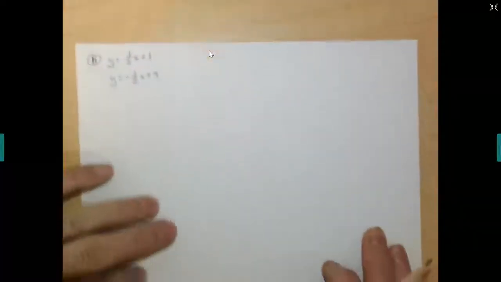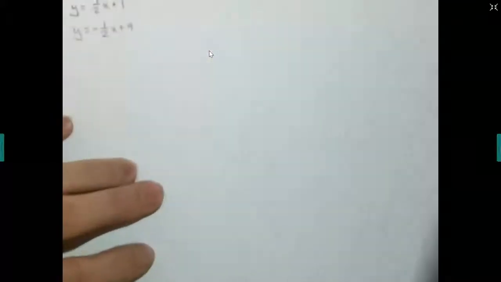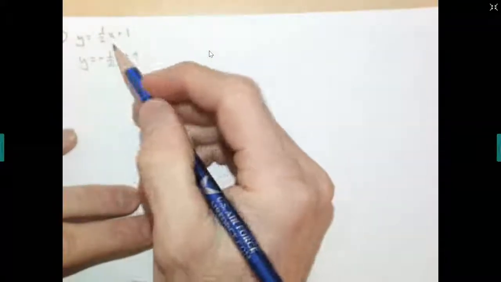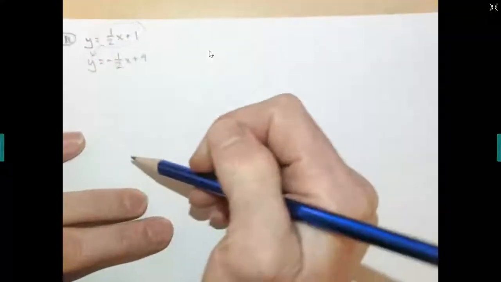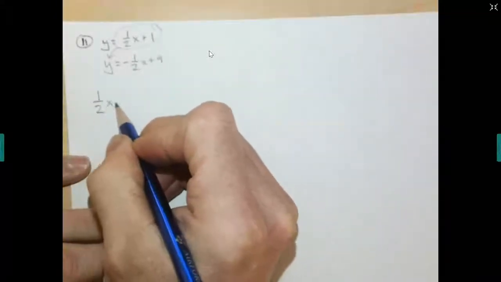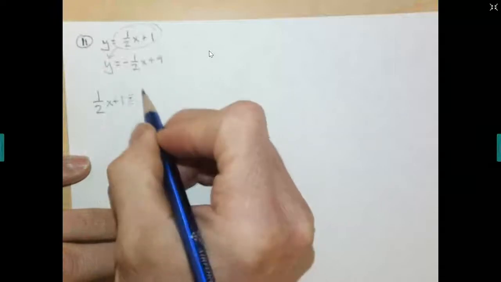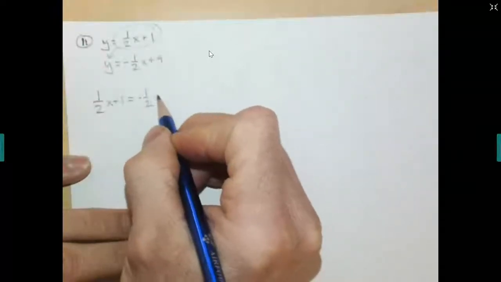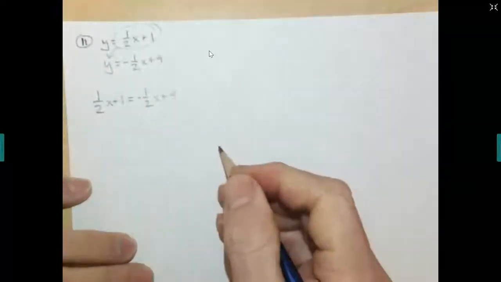Okay, just eliminate distractions. Alright, so I'm going to end up plugging this in for y. So I have 1/2 x plus 1 equals negative 1/2 x plus 9.